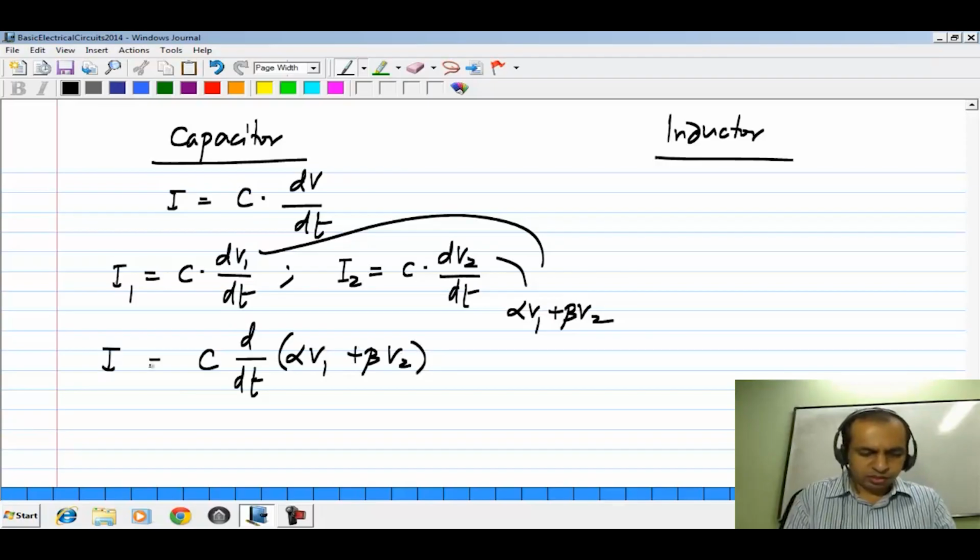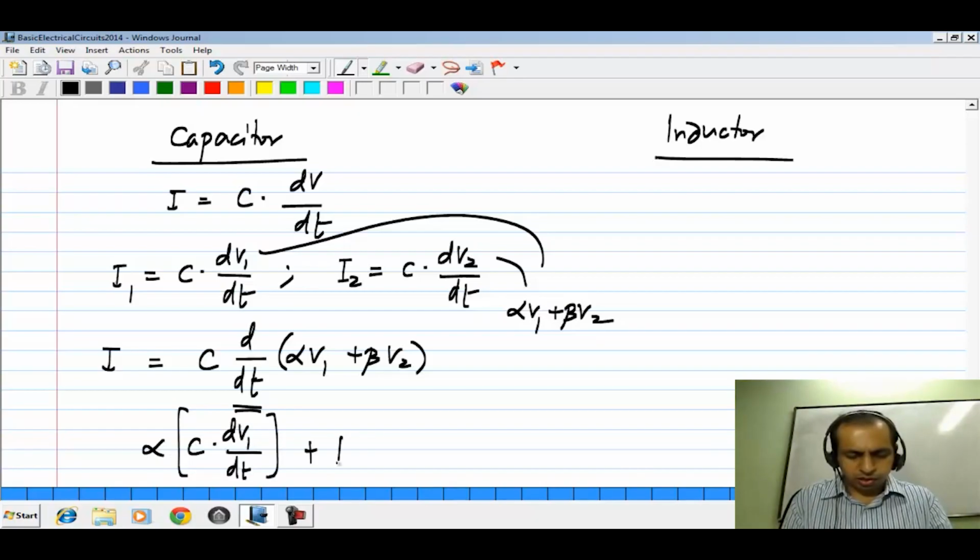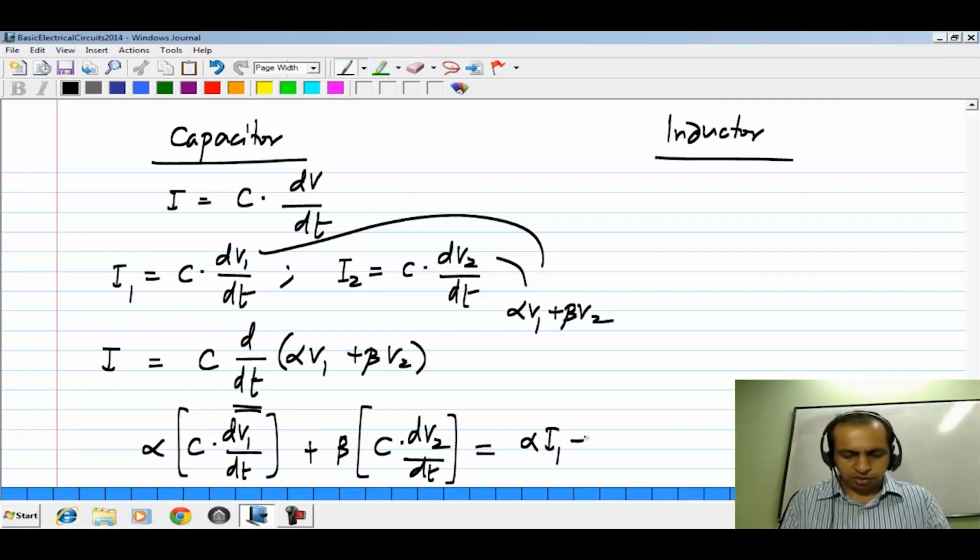alpha V1 plus beta V2. This is the current, which because of the linearity of the time derivative, you can pull out as C times alpha times dV1 dt plus beta times dV2 dt, which of course is alpha times I1 plus beta times I2. Okay.